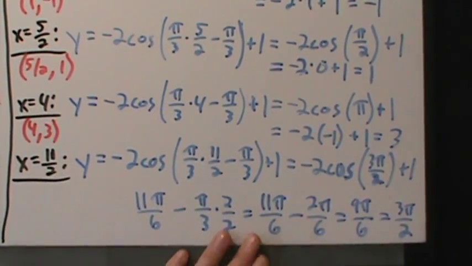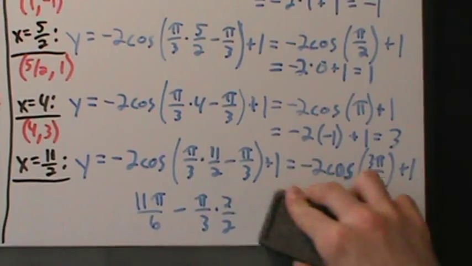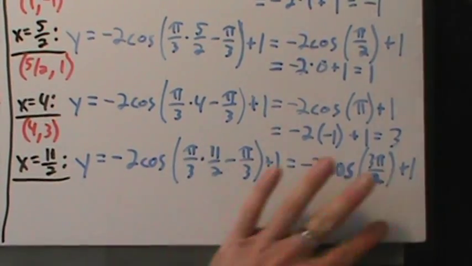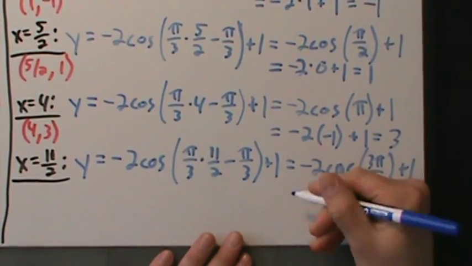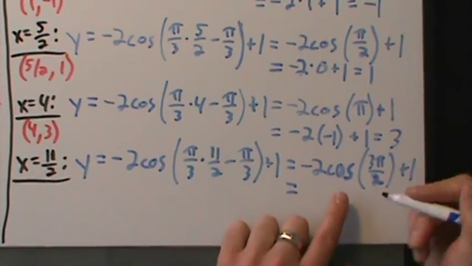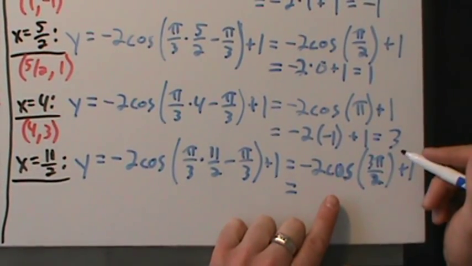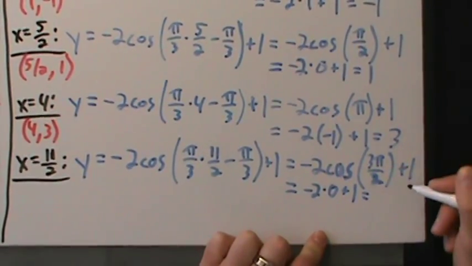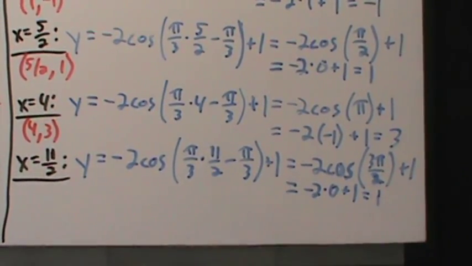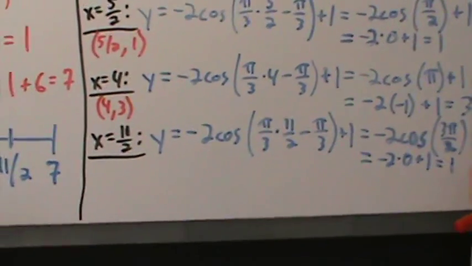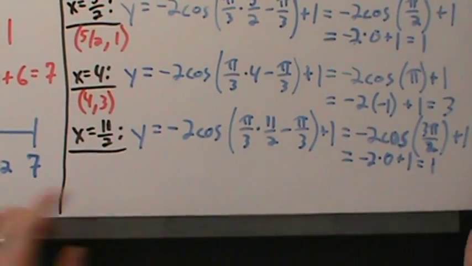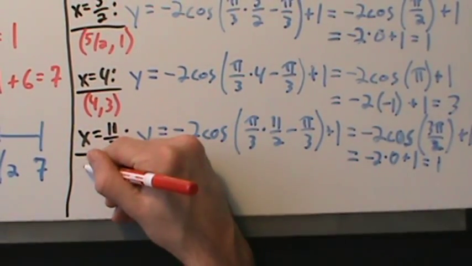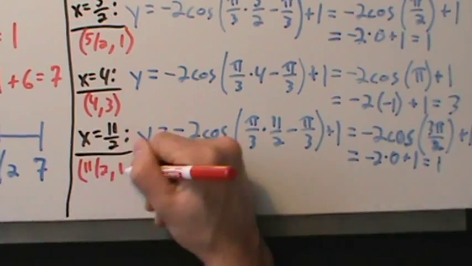Okay, starting to run out of room a little bit, but I think we'll be okay. So then this equals cosine of 3 pi over 2, what is that? That is 0. So this is negative 2 times 0 plus 1, which is just 1. Okay. So when x is 11 halves, y is 1. So this is the point 11 halves, comma 1.